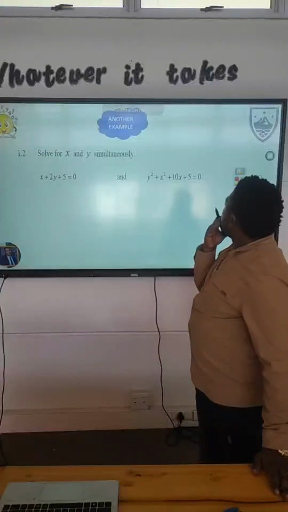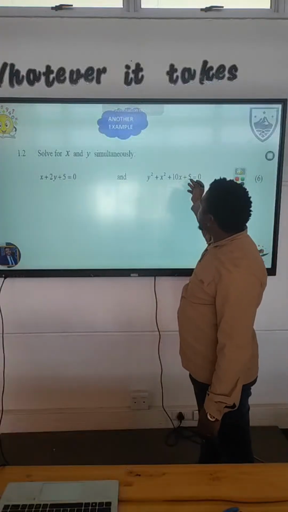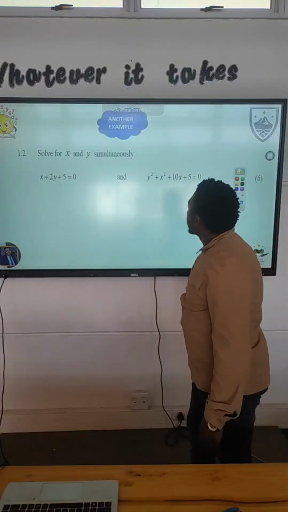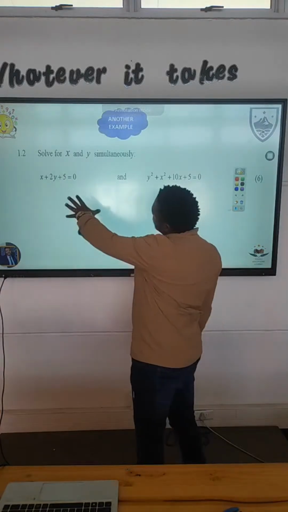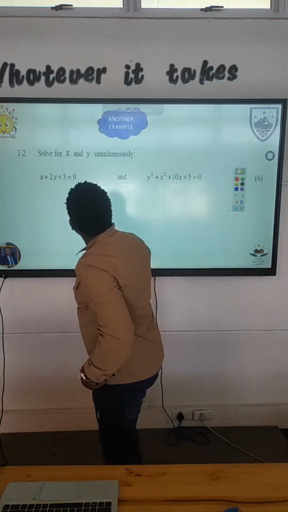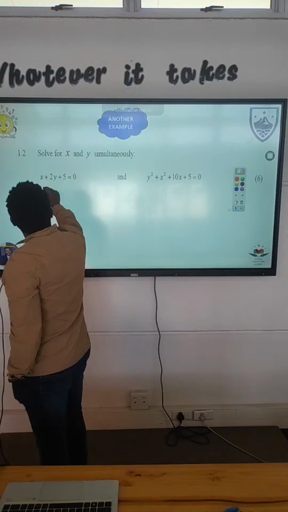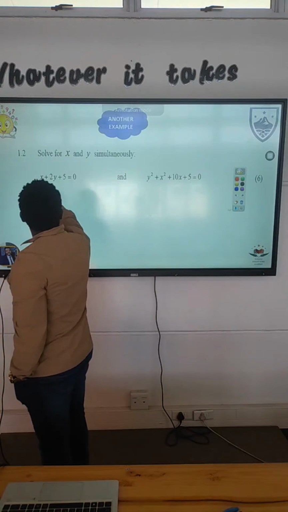We get the two. You see that we have y squared plus x squared plus 10x plus 5. This is too much work for us to make one of them subject of the formula. We come this side, we have x already, we have 2y. So what we do, we'll pick this one and say let's simplify this one. Making x a subject of the formula is easier.